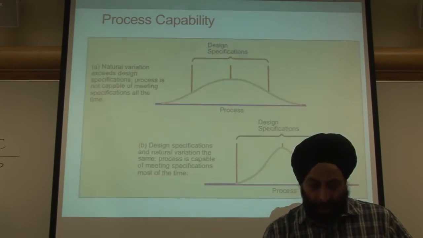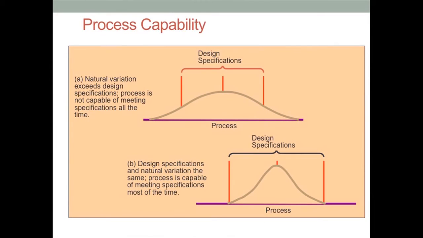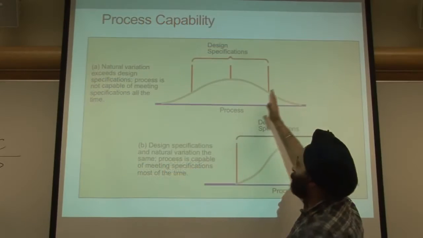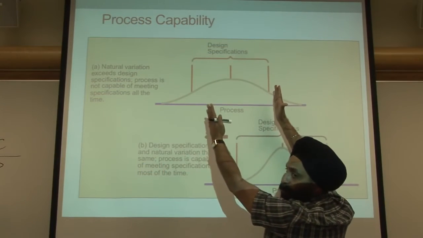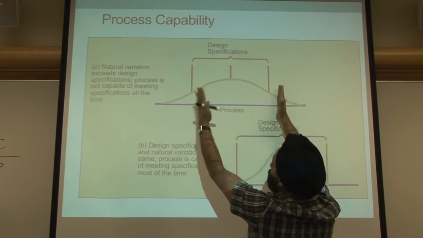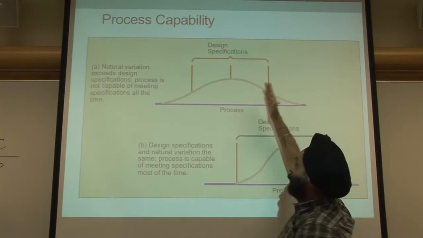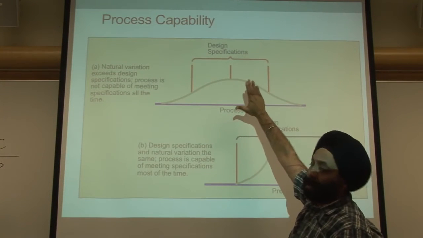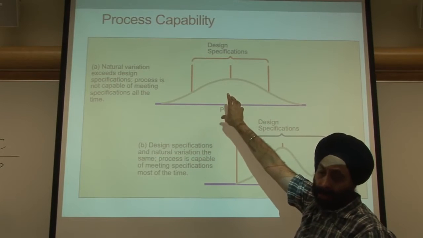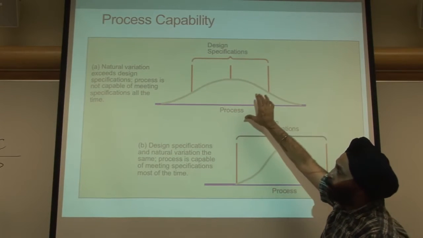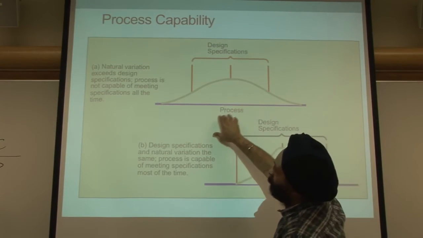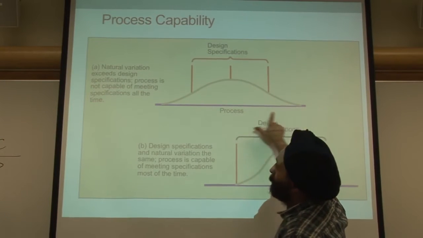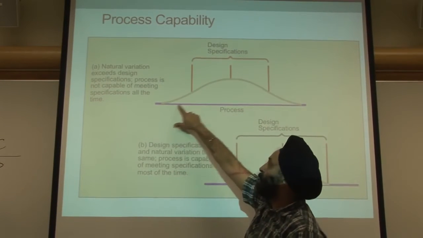So in this case, you have process capability. In example A, the design specification that the customer has provided is very narrow. That is, the customer expectations are pretty high in terms of what the demands for quality of the product is. Whereas what you're offering in terms of process is too variable.